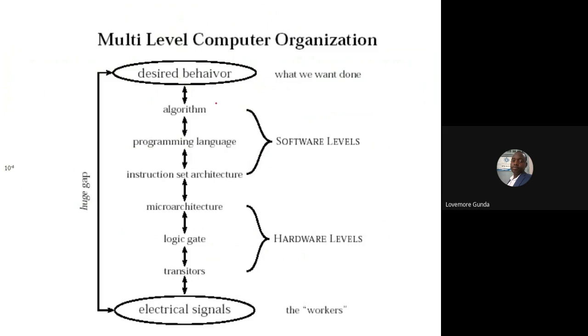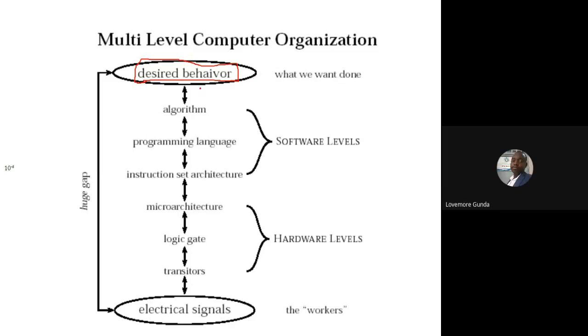So we have different levels of computer organization in the architecture, right? So at the upper end, or the higher level, we have a desired behavior that we want to do. Let's say you just want to print or calculate something. That is what you have access to as a user, right?